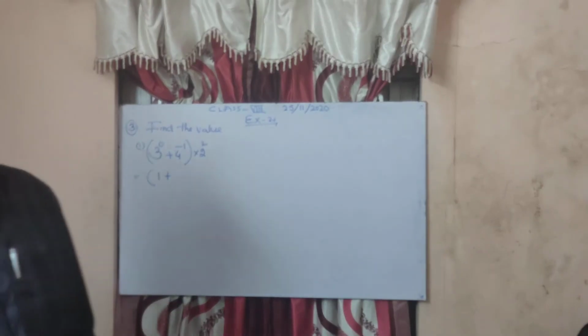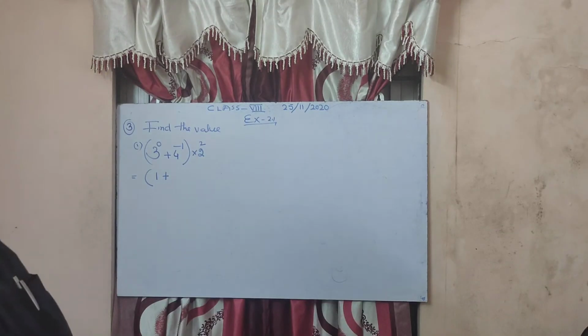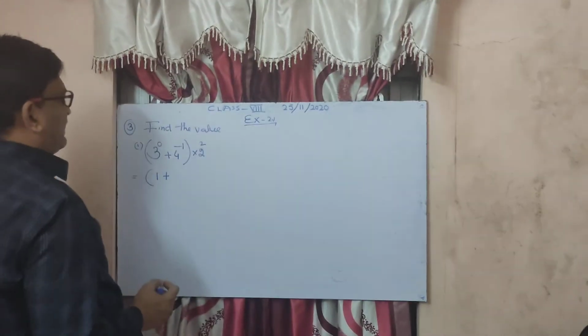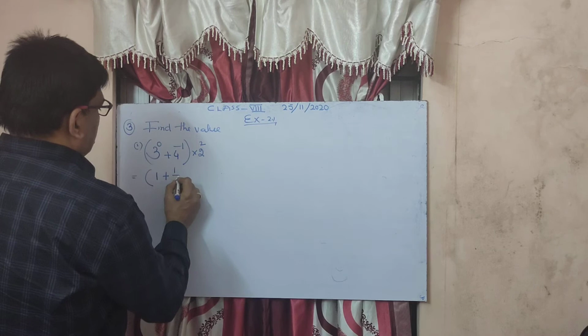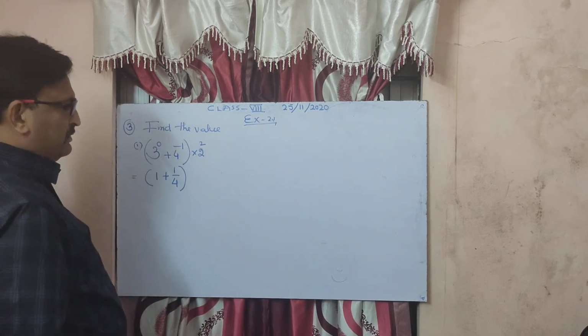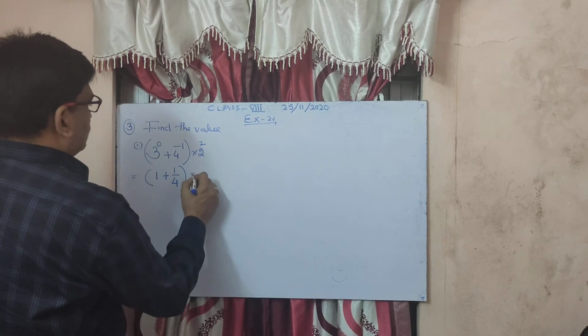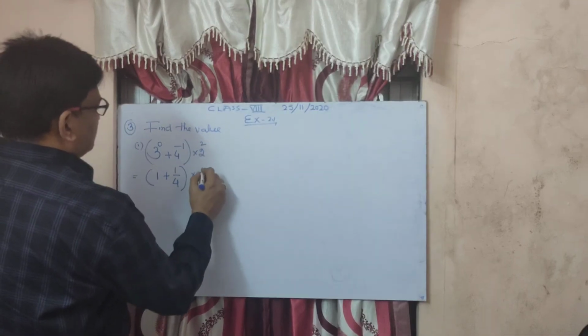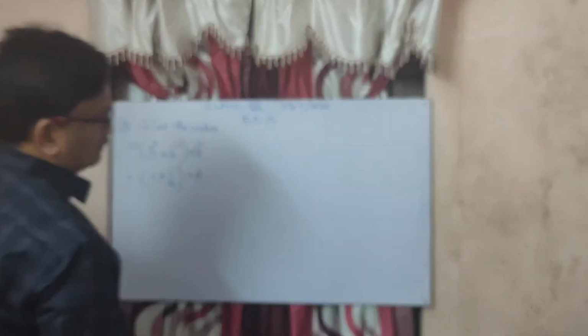So 3 raised to 0 is 1. Now 4 to the power minus 1 means that is 1 upon 4. Into 2 to the power 2 means 2 square means how much? 2 into 2, that is 4.